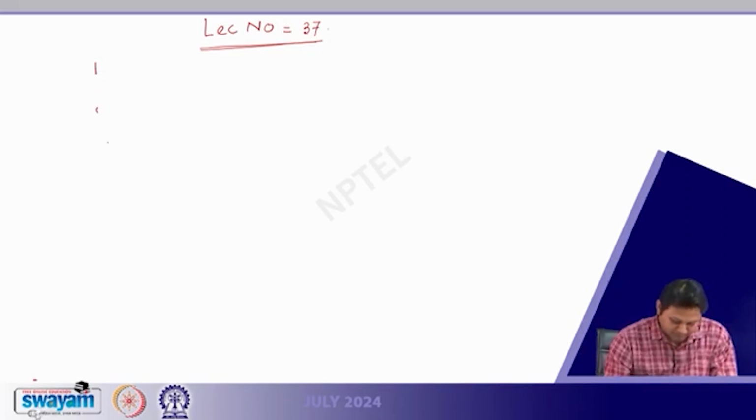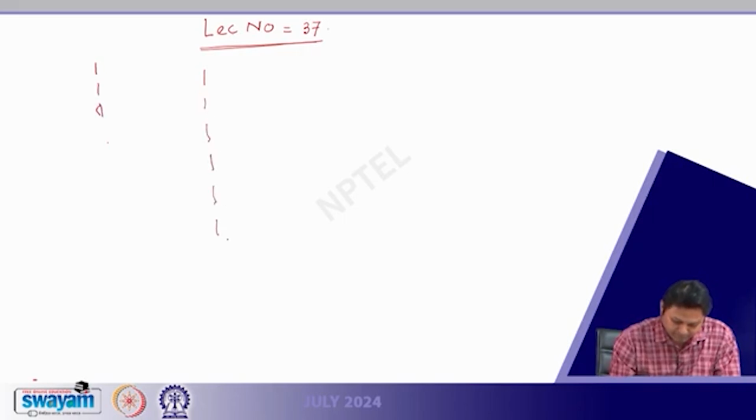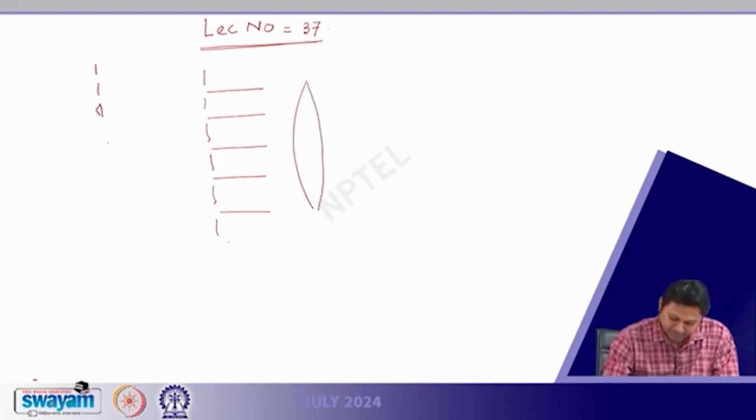Let me draw in a different place. I have these lines here, and light will come from this aperture. There are n number of apertures, and if I place a lens here, the light will come, not necessarily in a straight path.